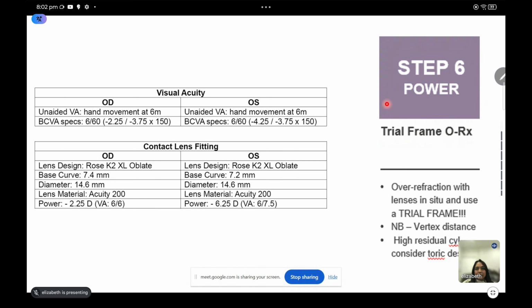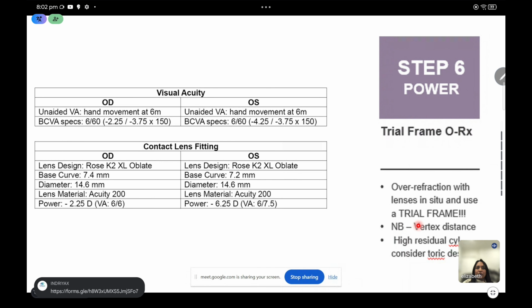Right, and then the last step is the power of the lens. So when you're determining the power of the lens that you need to order, always do your over-refraction in a trial frame. It gives your patient a more natural feel, and it gives you a better over-refraction as well. What you do need to remember is to keep in mind your vertex distance.